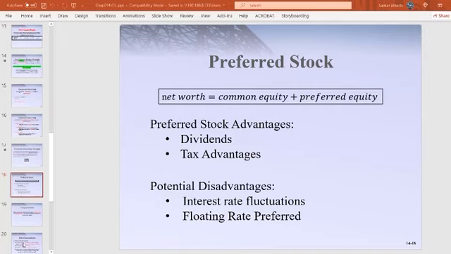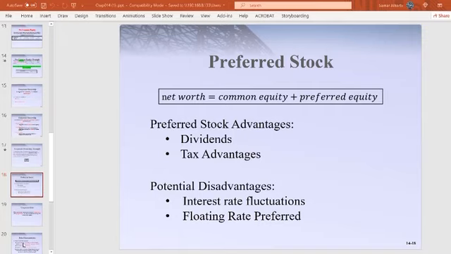Preferred stock will get dividends before equity shareholders. So this is one major advantage. You will always receive fixed dividends. You know you are going to receive dividends. What is the other advantage here? There is some tax advantage from holding this type of shares.